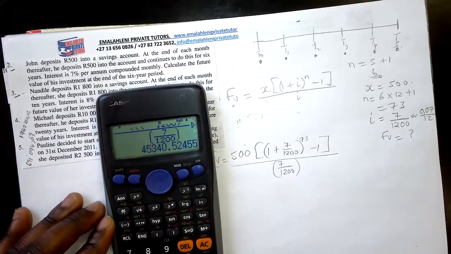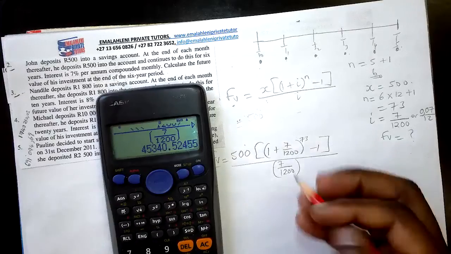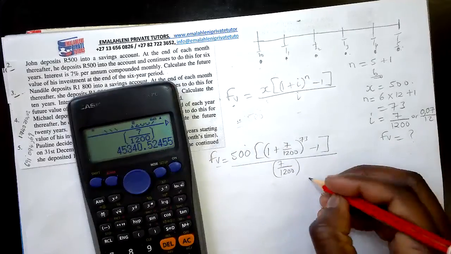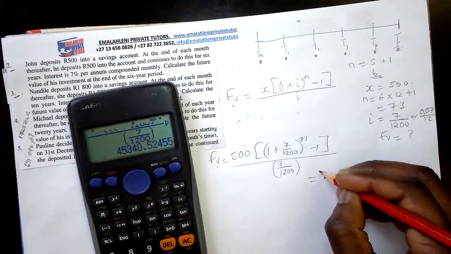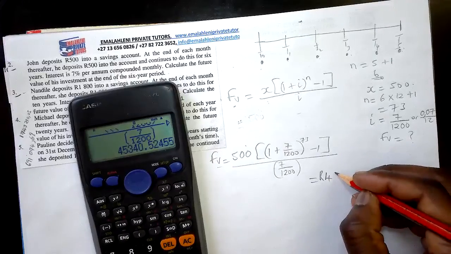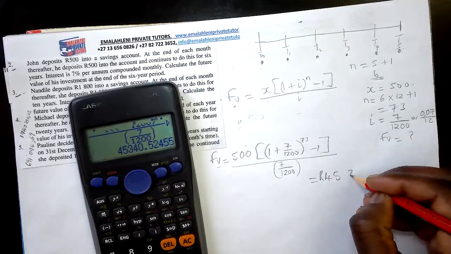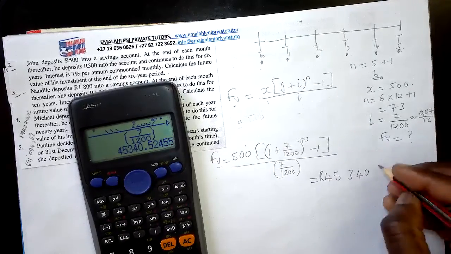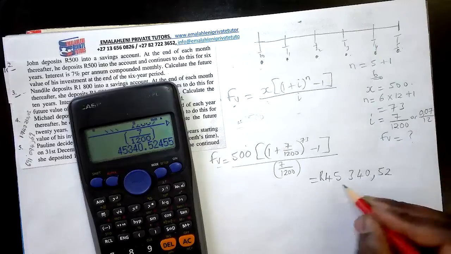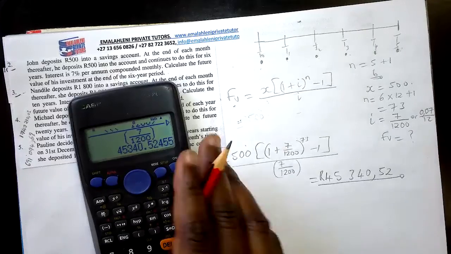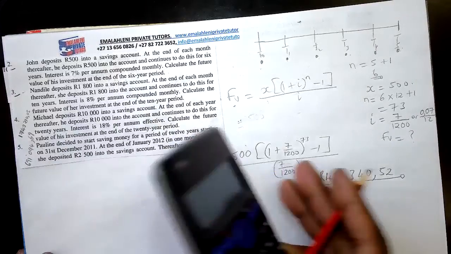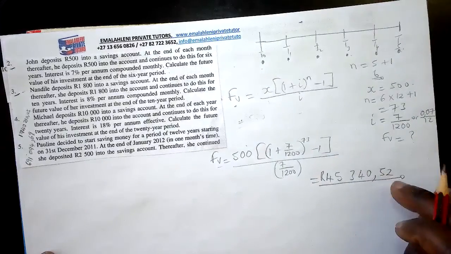So it's going to be equal to 45,340.52. It's in rands. Always leave your answer in two decimal places. Always leave your answer to two numbers after the comma.